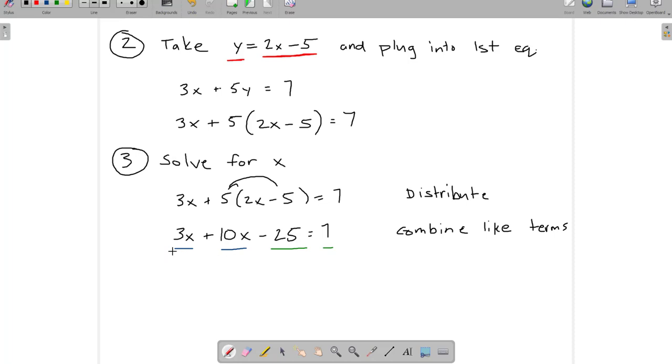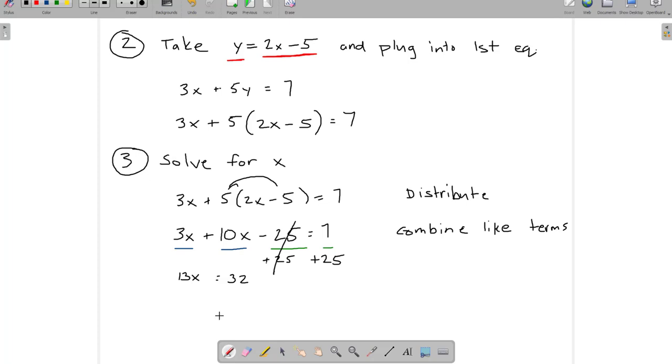And so my x's, I have 13x. And then I need to combine the constant terms. So to do that, I will add the 25 to both sides to get it to cancel on this left-hand side and end up with 7 plus 25, that should be 32, right?